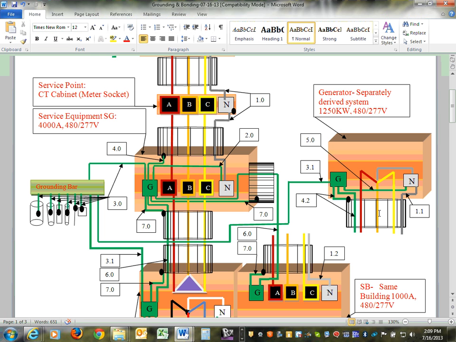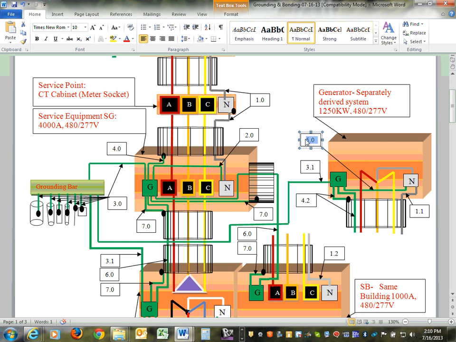Since this is a separately derived system, when I land them into my switchgear, either I have to have 4-pole circuit breakers or 4-pole auto transfer switches, right? To transfer the neutral as well as the 3 phases. The same thing, guys, the only thing that would change if this was a non-separately derived system is that number 5 no longer exists.